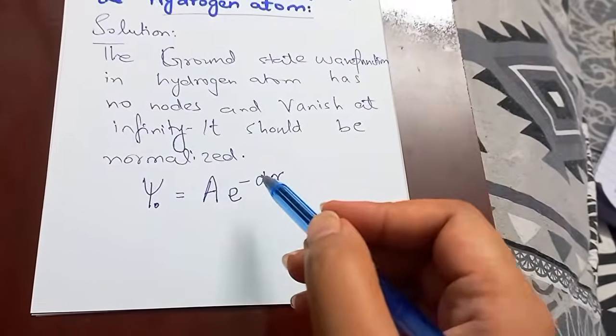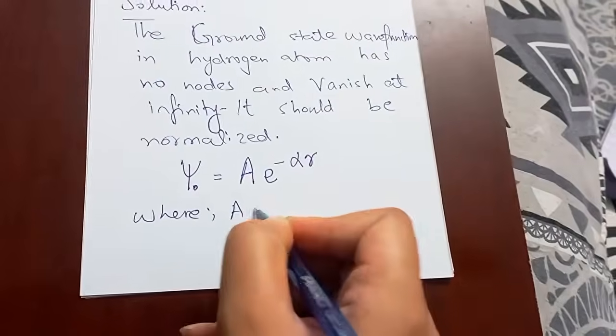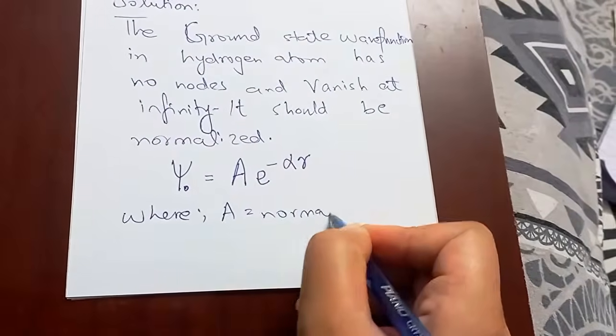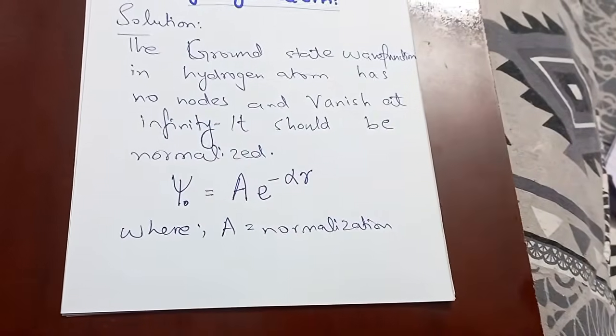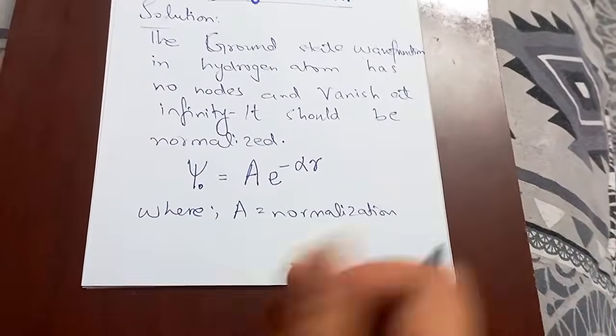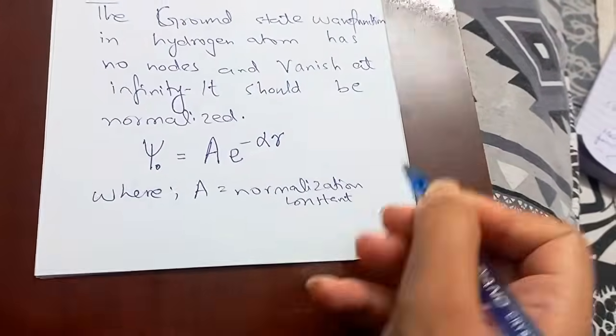This A will ensure that the wave function is normalized. We'll calculate its value right now in the solution, because it needs to be calculated.